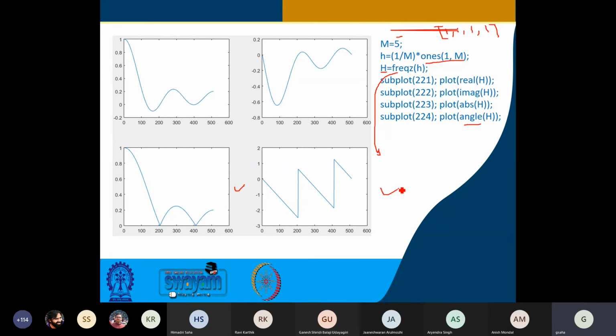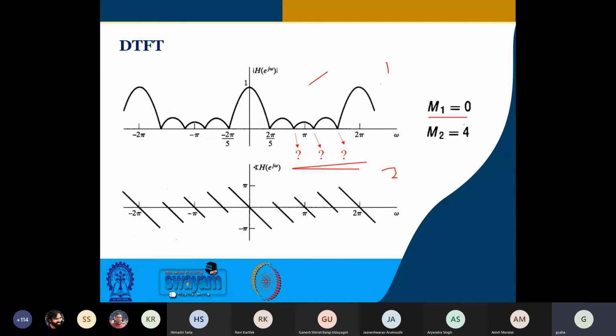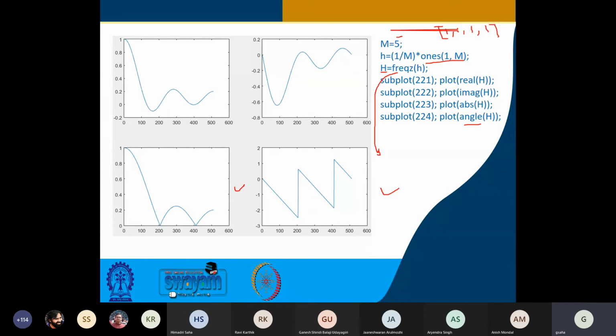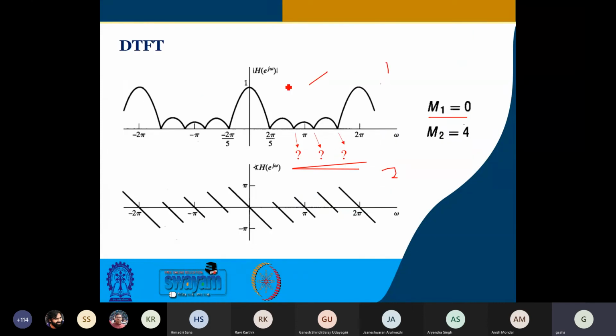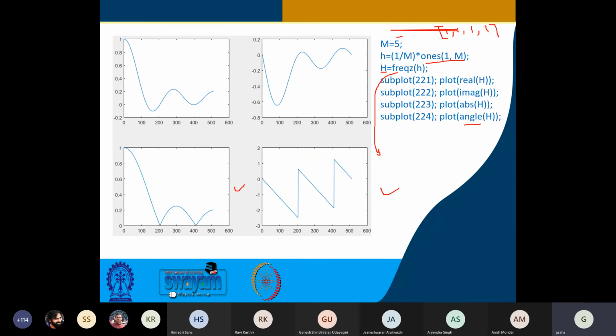Now, can you connect this and this? 2 pi by 5, this one, and the jump over here, etc. This point, the pi point. Is this simulation proper?